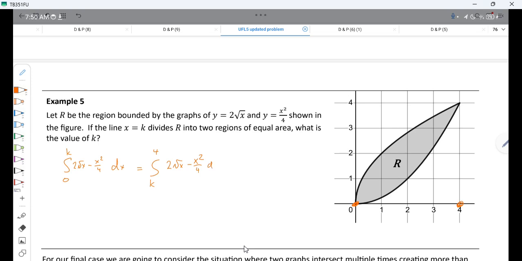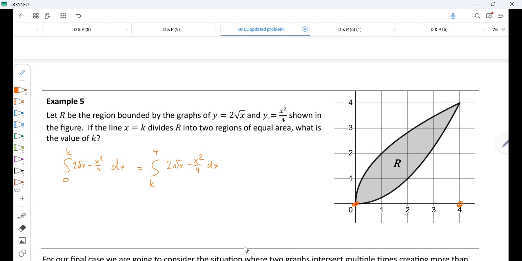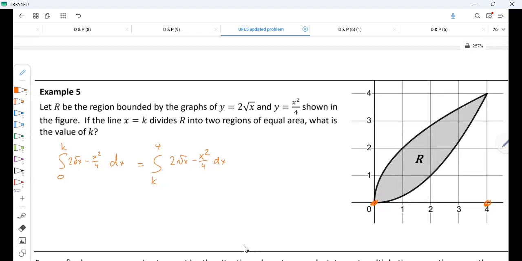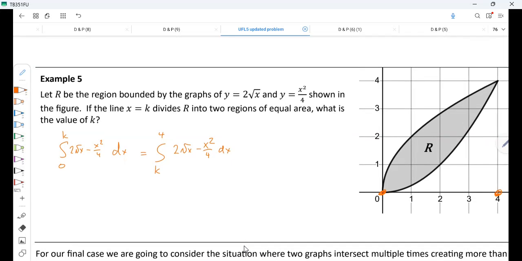Okay, so we have to take the same antiderivative twice. I do believe this does work out. I haven't done this one since last year, but I remember this one where something is going to be somewhat nice here. So we need an antiderivative for 2 square root of x.